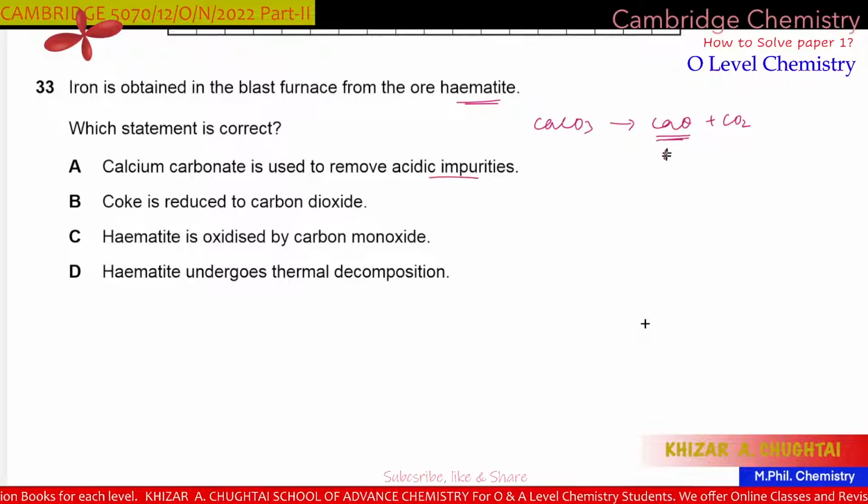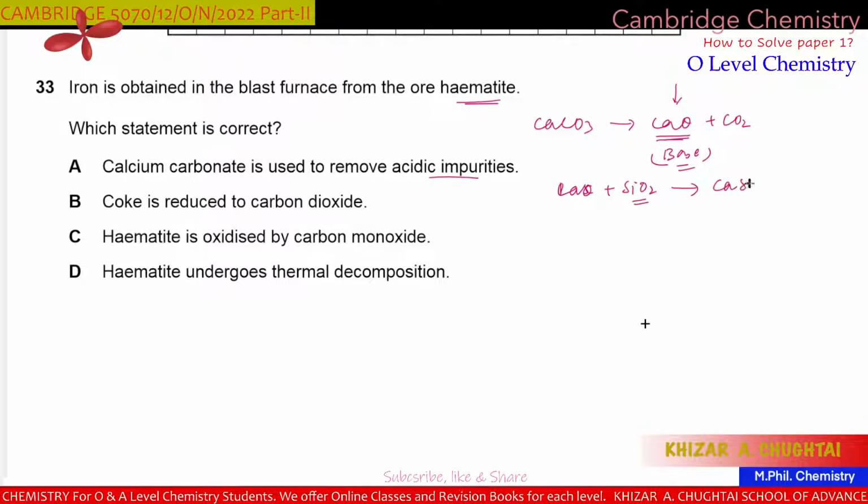This calcium oxide is a metallic oxide acting as a base, and it reacts with silicon dioxide, an acidic impurity, to make calcium silicate, a slag. So yes, A is the correct option. Calcium carbonate is indirectly used to remove the acidic impurities in the blast furnace. There is no need to check the other options.